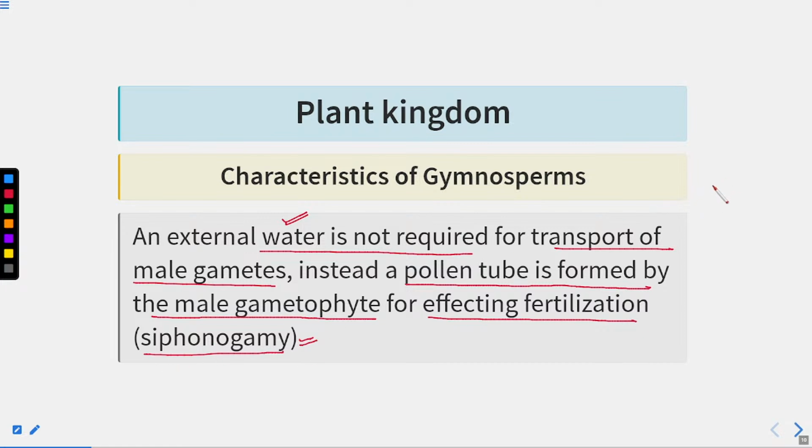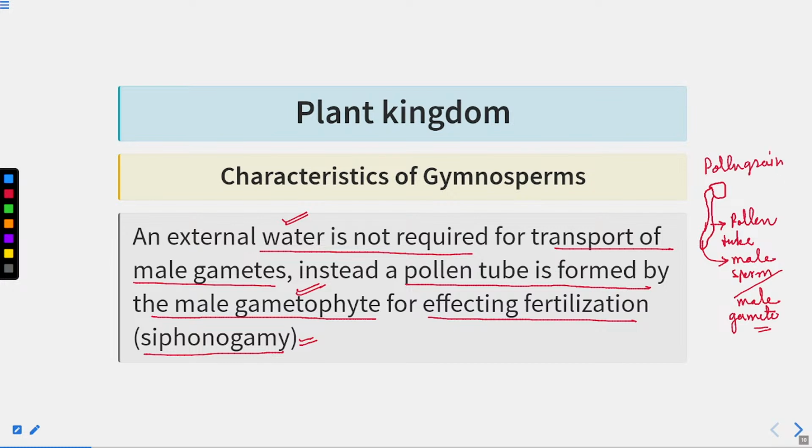So the pollen grain gives rise to a pollen tube-like structure, and in this pollen tube the male gametes are present, right? So the pollen tube is formed by the male gametophyte.